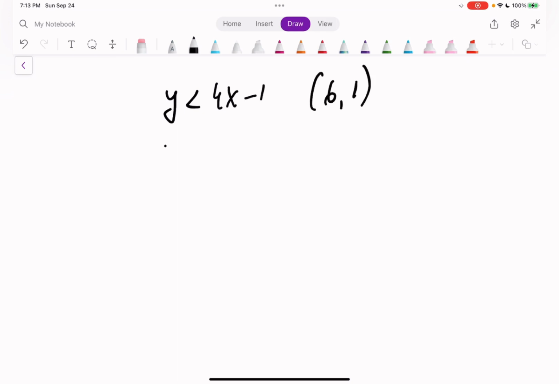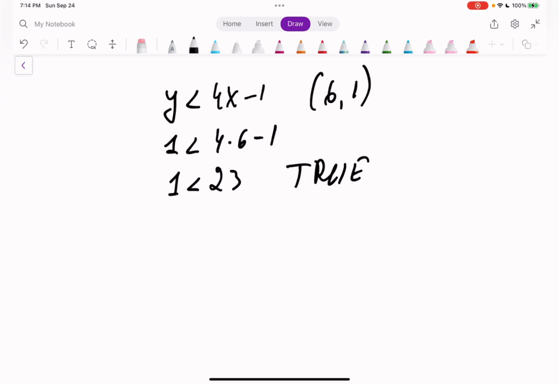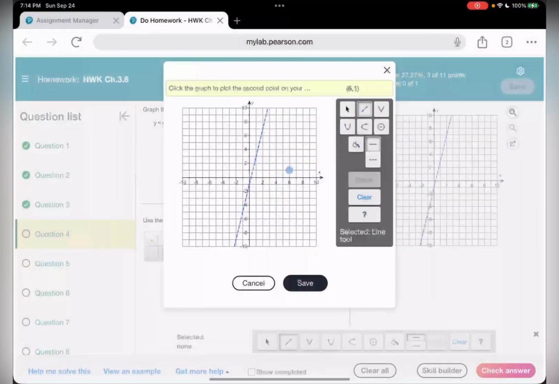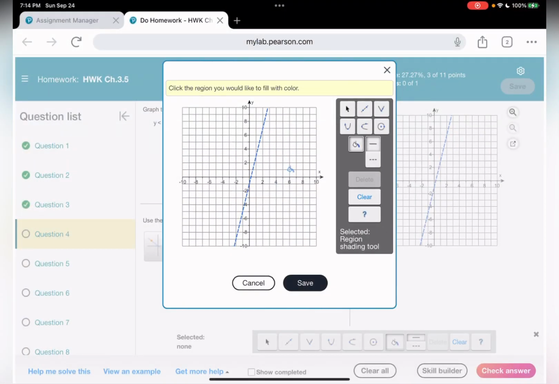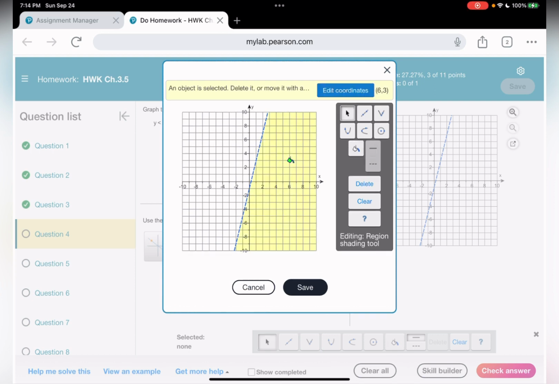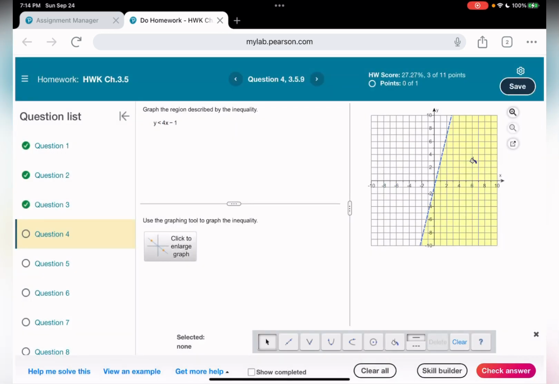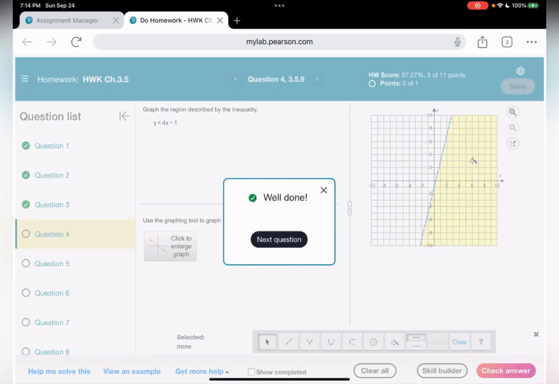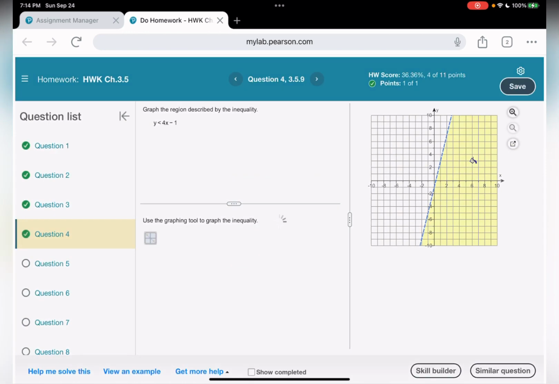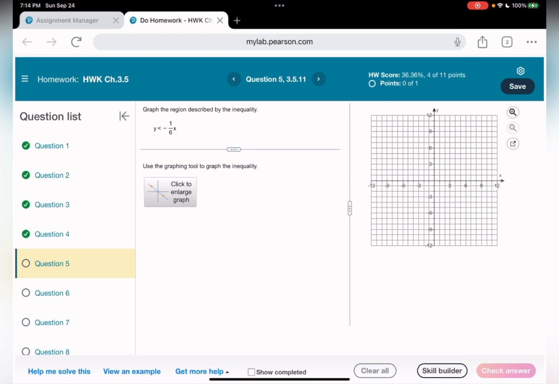So it's going to be 1 less than 4 times 6, which is 24 minus 1. Okay, that's true. 1 less than 23. So true, which means we are going to shade on the right side. Taking the bucket, shading here. Checking. All right. Well done. Next.